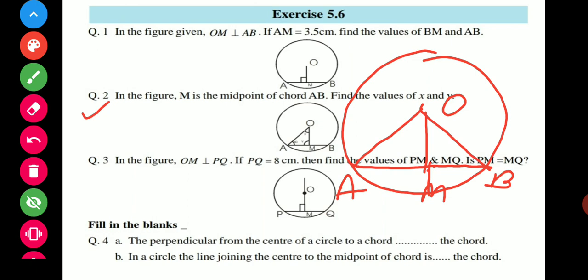It's a very small figure. I think the solution I will give later on.